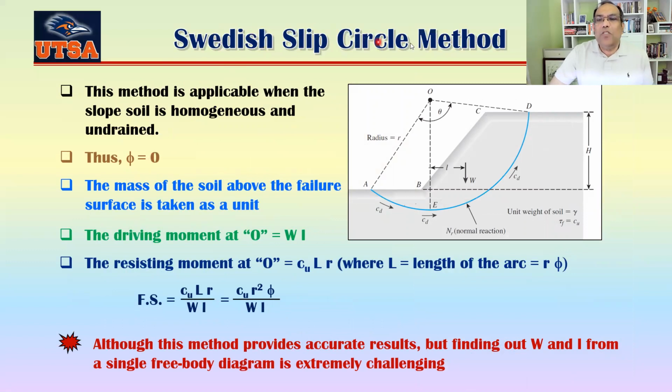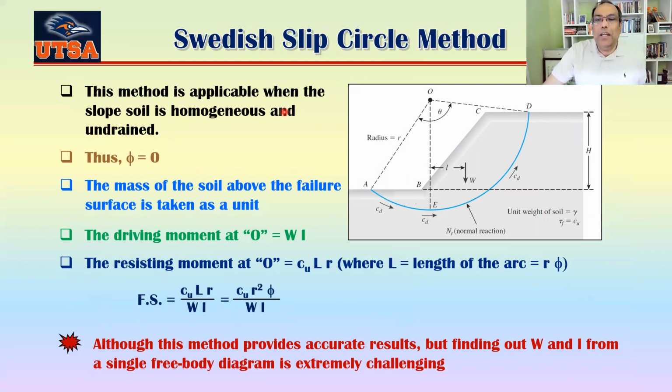So Swedish slip circle method. This is only for when you don't make any slices, you are just considering the whole thing as a single free body diagram. Okay, so that's basically the Swedish slip circle method. Sometimes we call that the Fellenius method too. This method is applicable when the slope soil is homogeneous and in undrained condition, meaning clay soil, where drainage takes a much longer period of time.